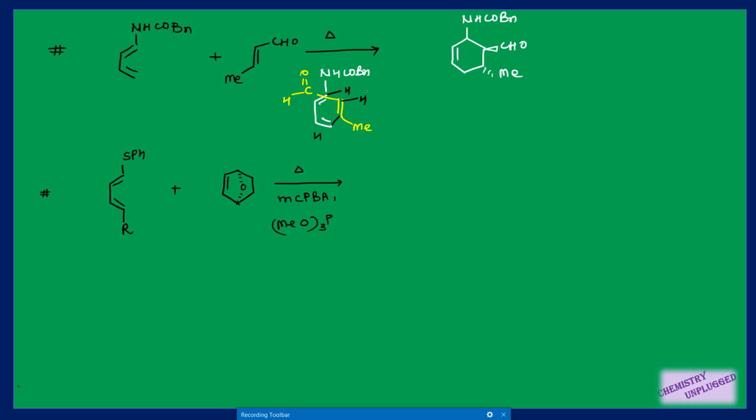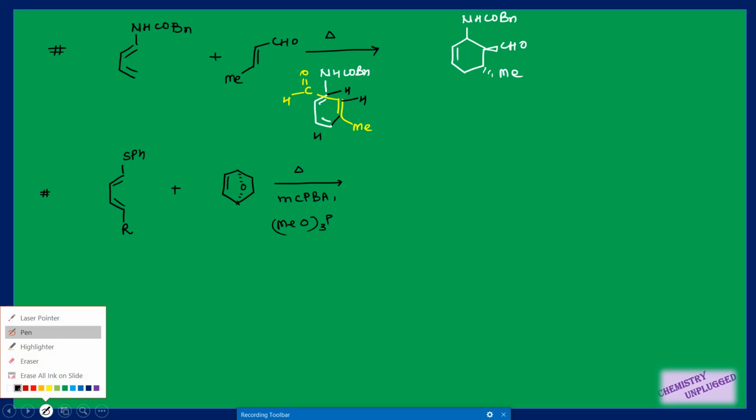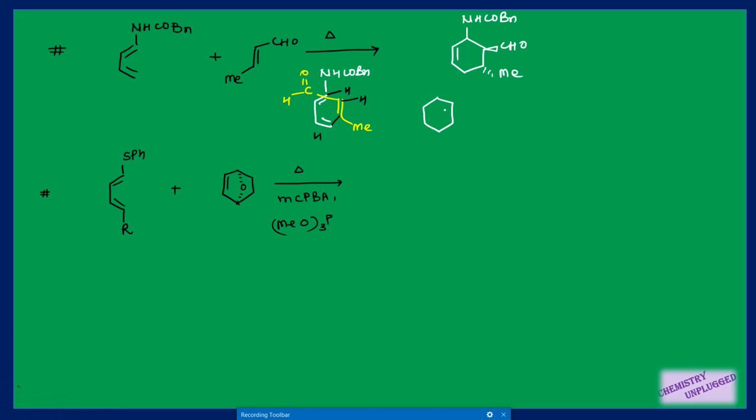Now all these protons are moving on the same side. These two are moving on the same side, this one is going on the opposite side. So in the final product, first we will write all these functional groups as such. These two protons will go on the same side, means they are cis to each other, and this one is like this, right?